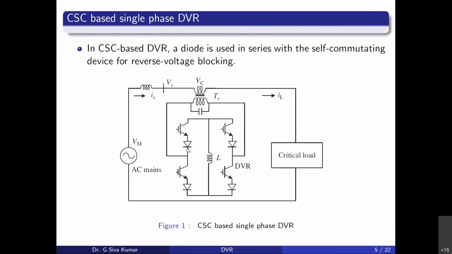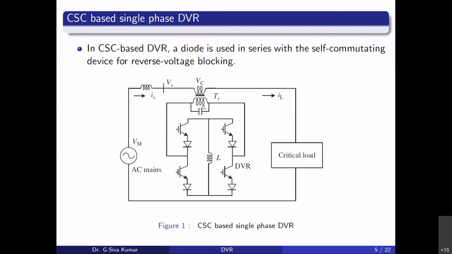We are making the current direction unidirectional, using only the reverse voltage blocking. We can operate this topology this way, and the rest of the cases operate this way.